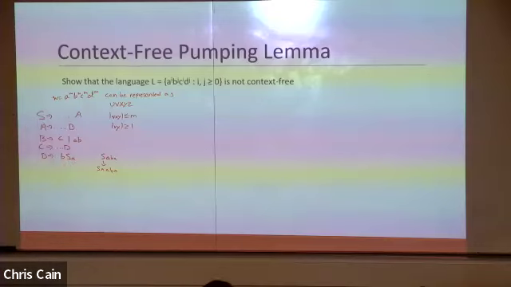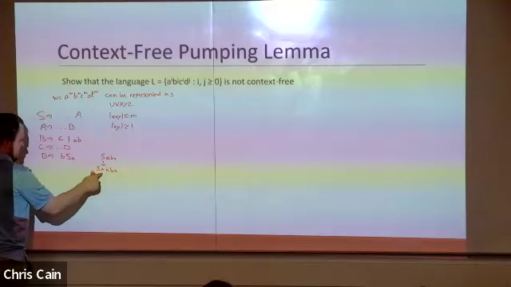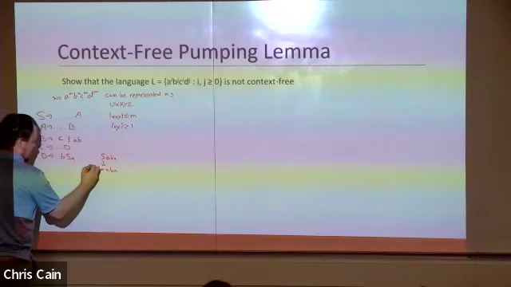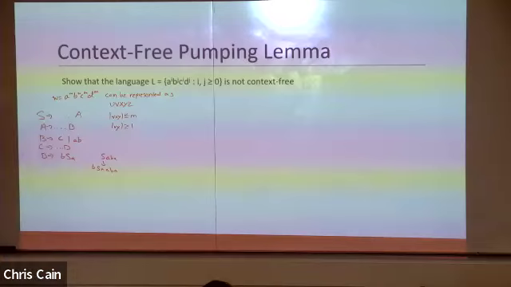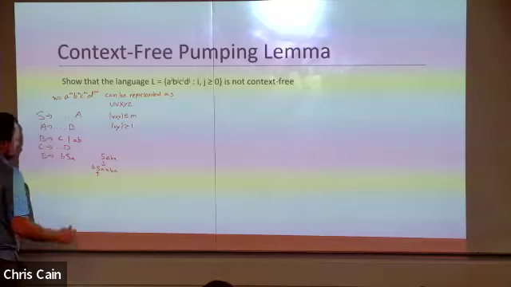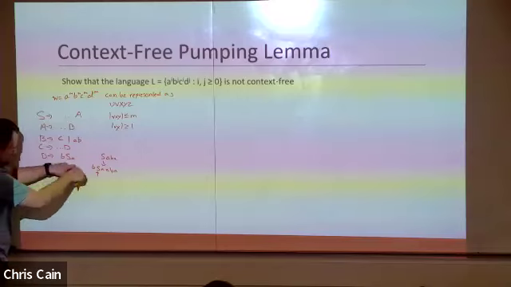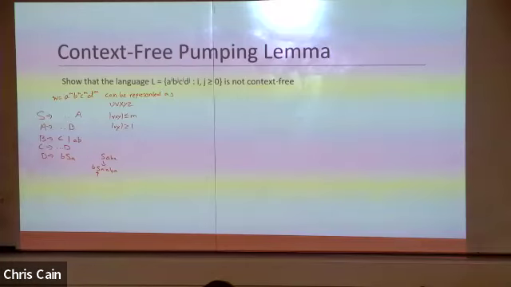Now the length of V is 1 and the length of Y is 1. And every time we do this process now, we're going to end up with something like this. Now we have a placeholder in the middle of the string where we can place an arbitrary number of B's in front and A's on the other side, as we continue to recurse and produce more B's and more A's.